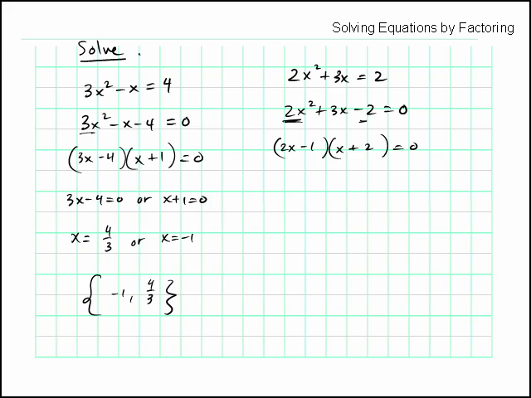It's factored. It equals 0. I now apply the zero factor property. Either this equals 0 or this equals 0. If I solve this equation for x, I will get 1/2. And if I solve this one for x, I get -2. So the two solutions to the equation are -2 and 1/2.